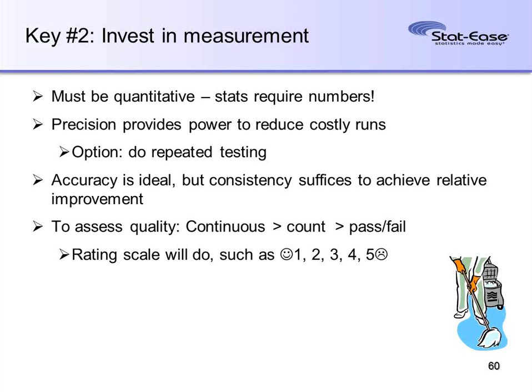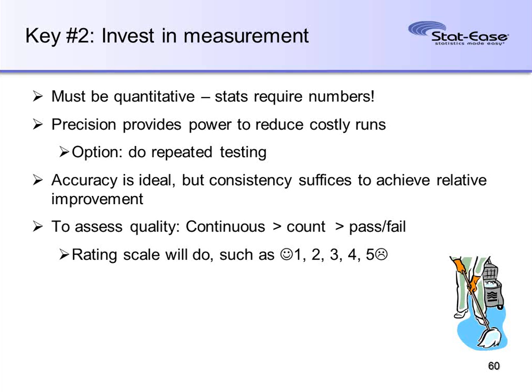The more precise you can measure something, the better. That will provide power, which will reduce the number of runs that you need. There's an option. You can do repeated testing if your measurement system isn't very accurate. You could measure something 3 times and put in the average, and that will increase your power.